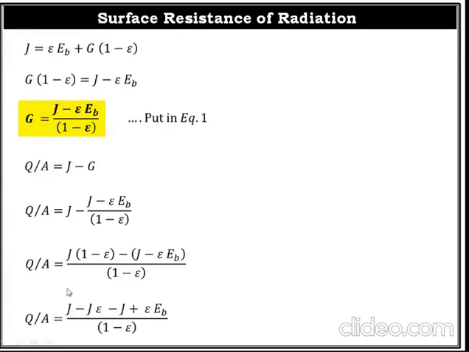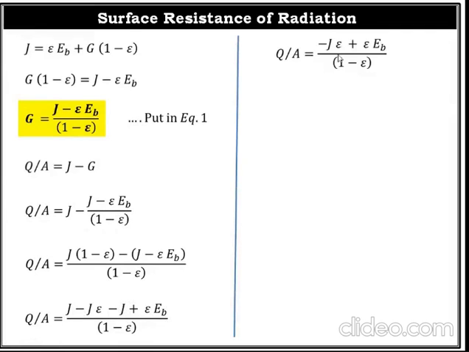On simplifying, we observe J minus J emissivity minus J plus emissivity, emissive power of black body. So this plus J and minus J get cancelled. So finally we have only minus J emissivity plus emissivity, emissive power of black body in the numerator. If emissivity is taken out as common, it is emissive power of black body minus J.